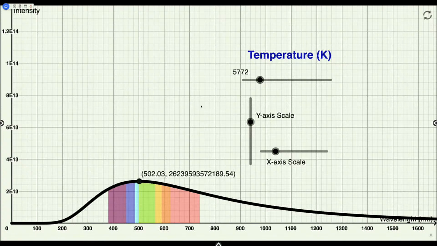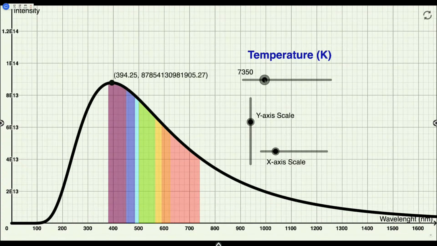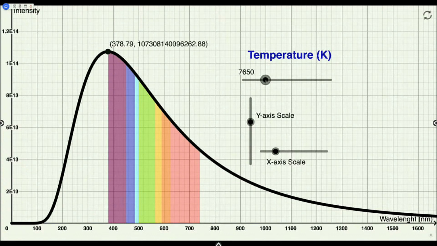And as you get hotter, you can see that peak in intensity of the radiation being emitted. So all these wavelengths are still being emitted, but the peak moves towards the ultraviolet.